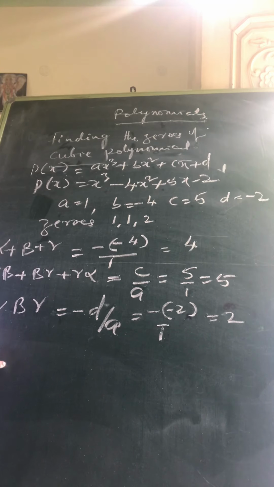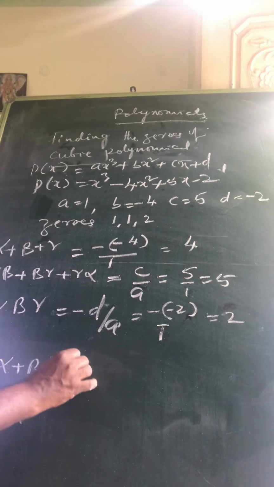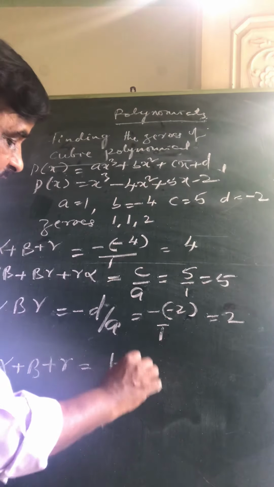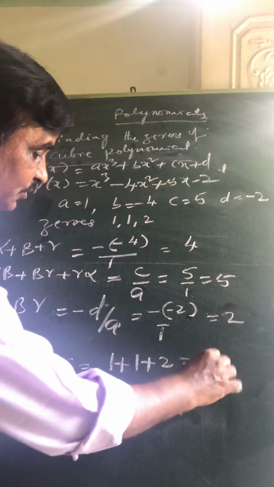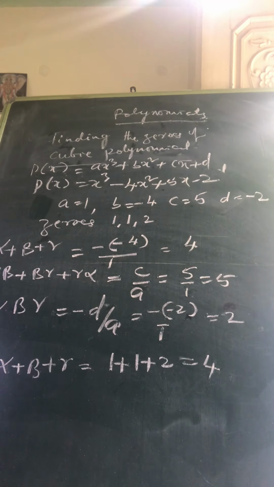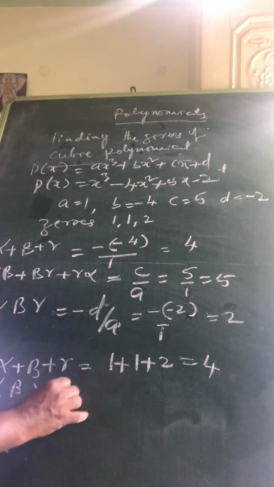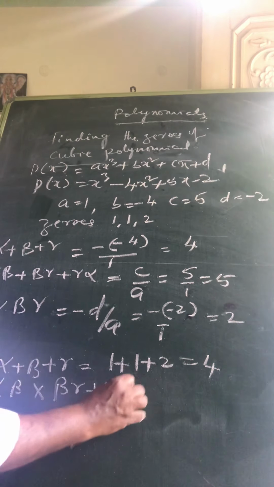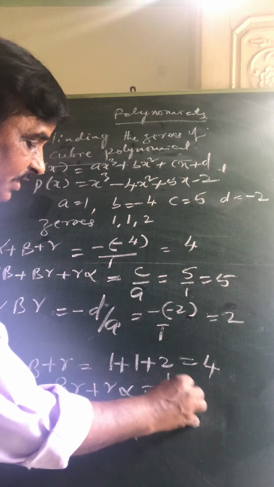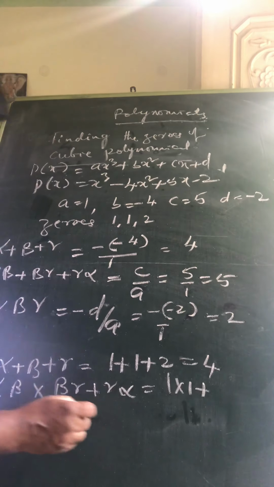Now the sum of zeros, alpha plus beta plus gamma is equal to 1 plus 1 plus 2 is equal to 4. Next, the sum of the product of zeros taken 2 at a time, alpha beta plus beta gamma plus gamma alpha.